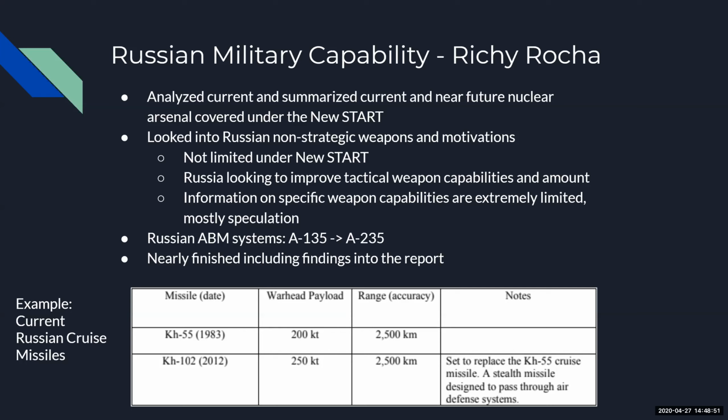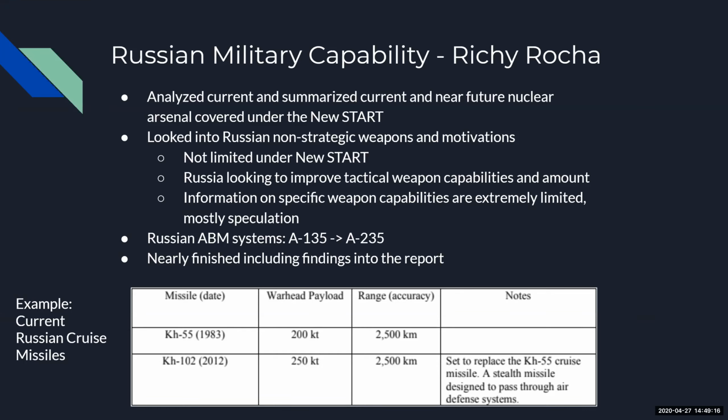So I've looked into their strategic weapons. For example, you can see below their old KH-55 missile, with its payload and range, is being replaced by the KH-102. This is just an example of their air-launched cruise missiles. I've done this for the ICBMs and SLBMs.